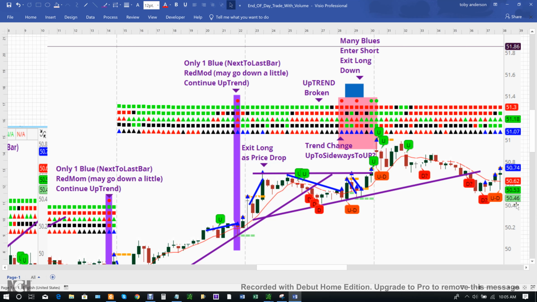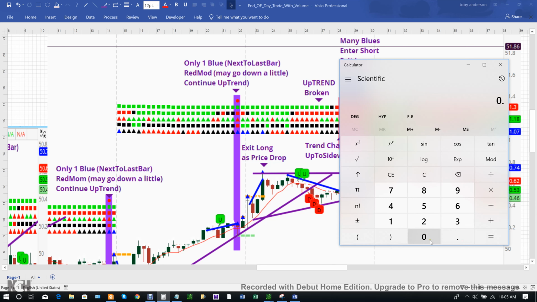So let me do that. 0.05, that's your 5 cent loss, and you got a $50 stock, and then times 100 to convert it to percent. Okay, so that's a 0.1% loss.